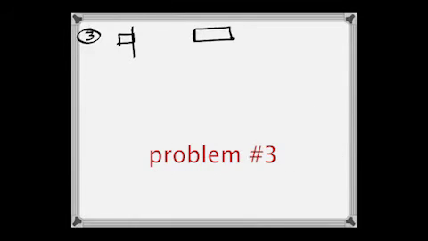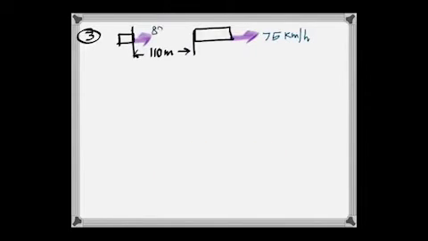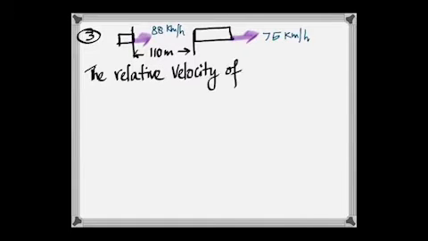Okay, so number 3, that's the car and the truck, and the spacing is 110 meters. Don't you laugh at what I draw. And the truck is moving at 75 kilometers per hour. The car is at 88, isn't it? You got to change both into meters per second, or just keep that in kilometers per hour and change the distance into kilometers.